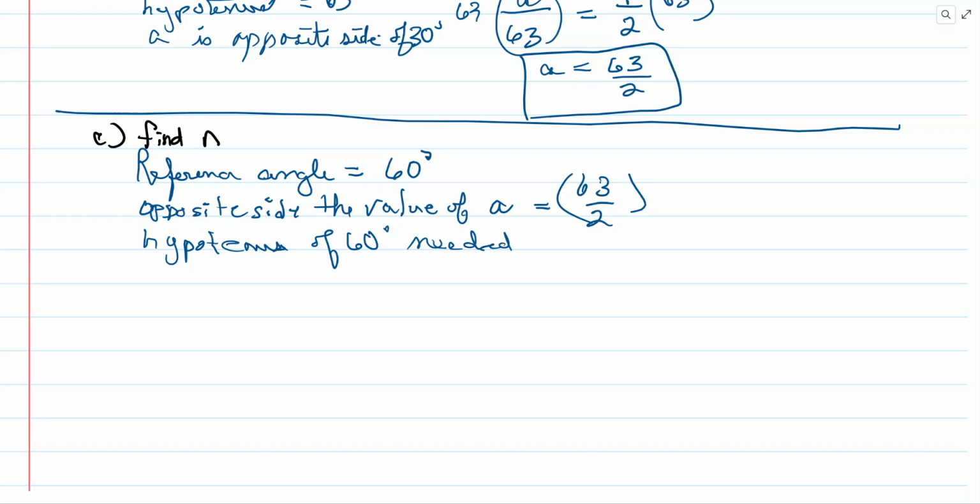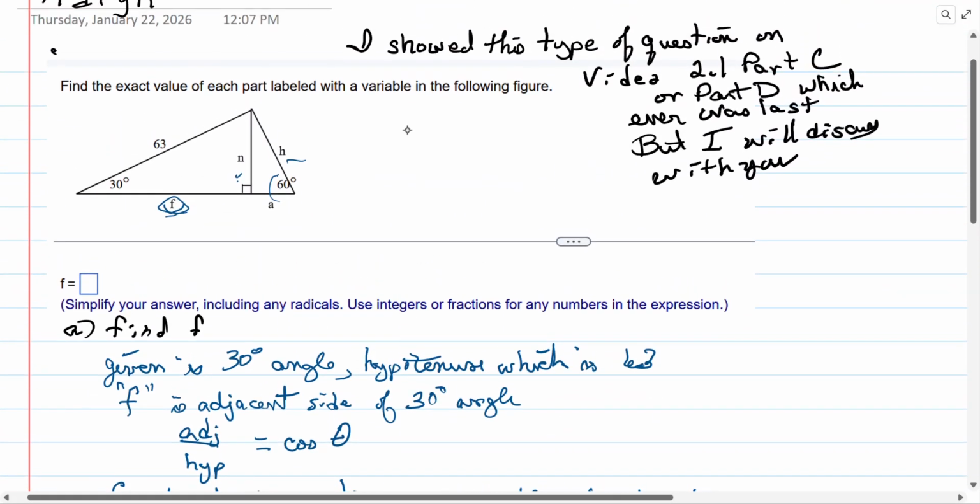So our function then becomes opposite over hypotenuse. We have the opposite side of the 60, and the hypotenuse, and we know opposite over hypotenuse is sine. The opposite side is 63/2 over, and the hypotenuse was, what was the letter they used?